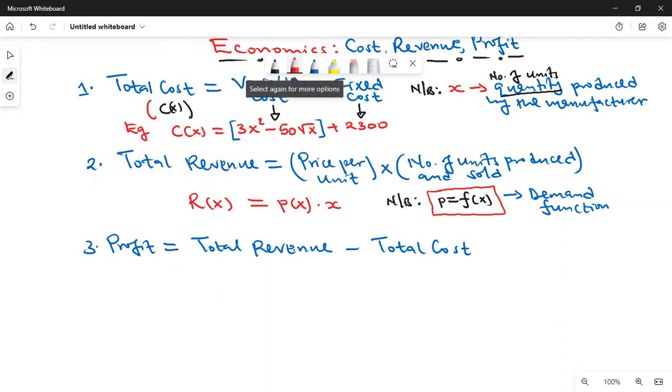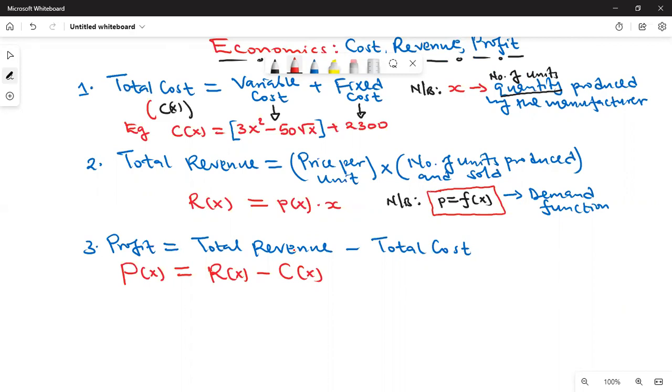And we are going to use the function P capital, not small p. P capital, a function of X, is equal to R, a function of X, minus C, a function of X. Total revenue minus total cost. That will give us the profit earned by the company.